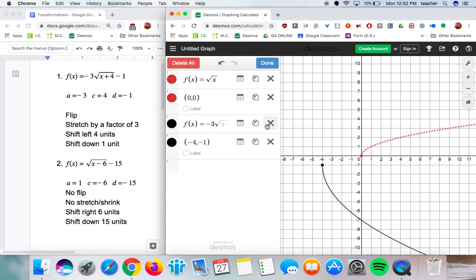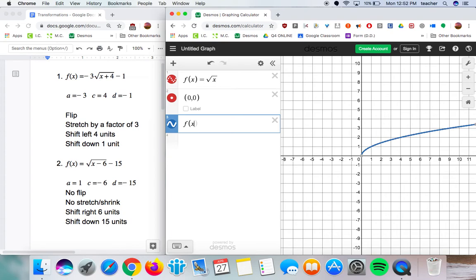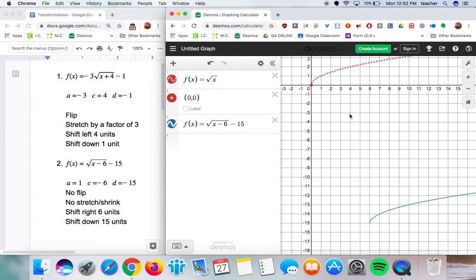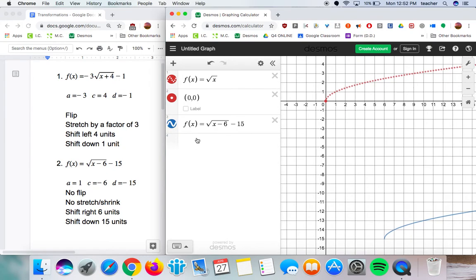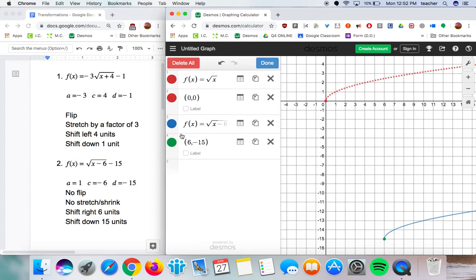Looking at this second one here, we can also take a look at that one. For example, f of x equals the square root of x minus 6 minus 15. It's going to disappear because it's way down here. But this one moved us to the right 6. So we have no flip.